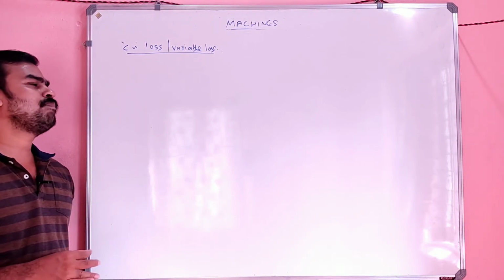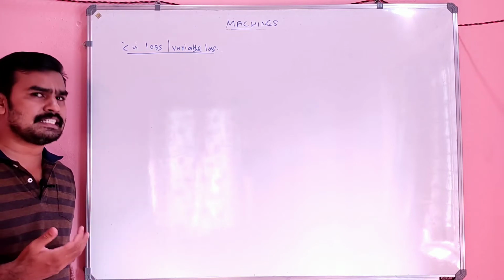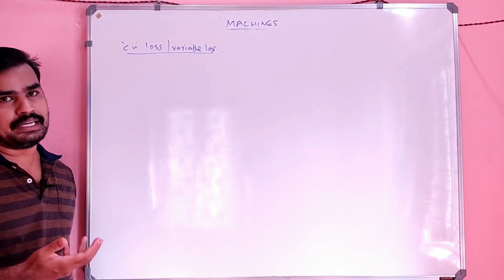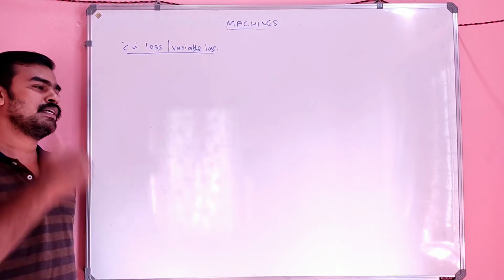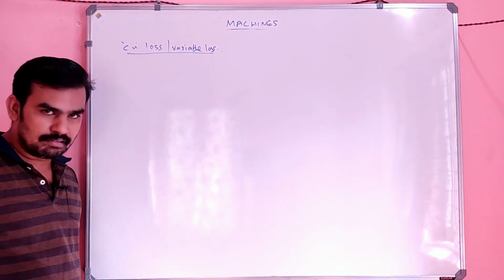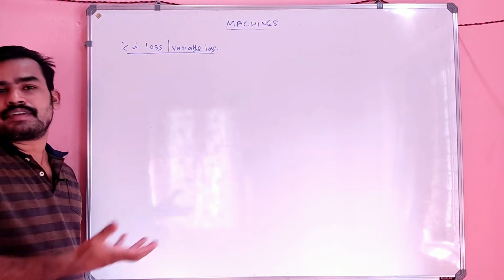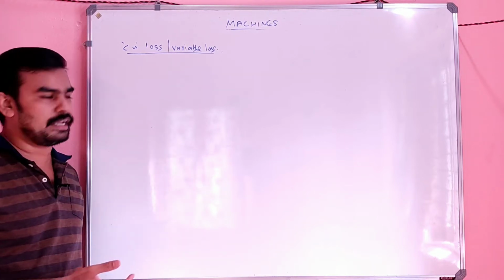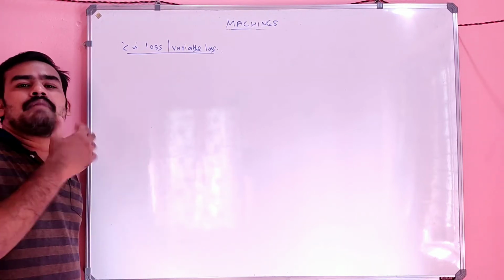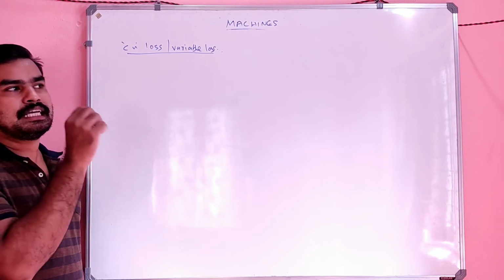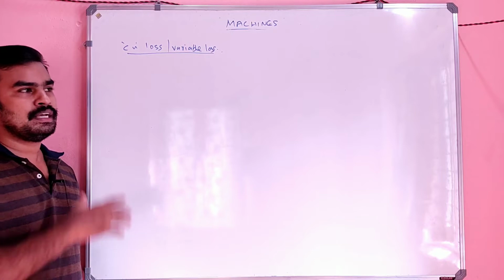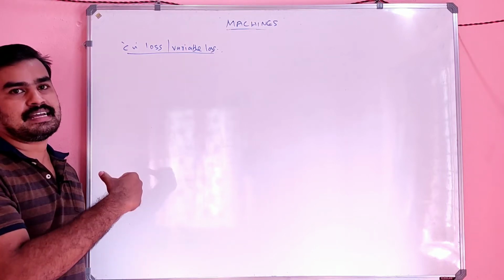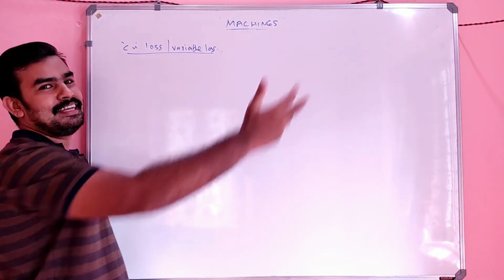So wherever we connect some load across the secondary winding, there will be a flow of current I2 in the secondary. Of course, there is also a draw of current I1 in the primary. You know the equivalent circuit of a transformer from the last class: primary resistance, primary reactance, secondary resistance, secondary reactance.